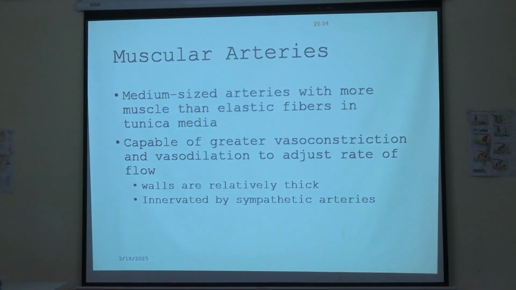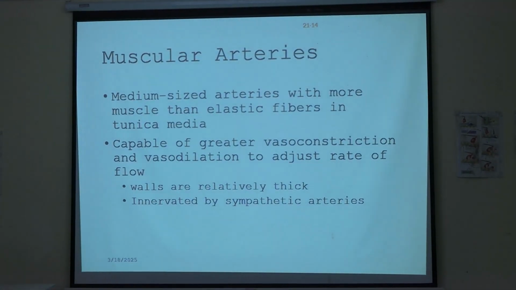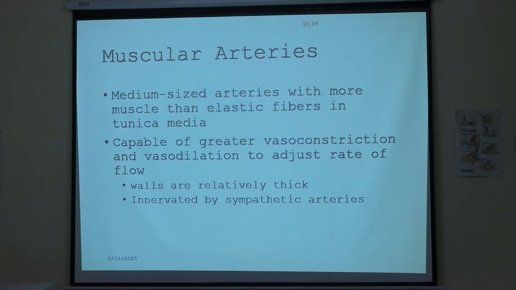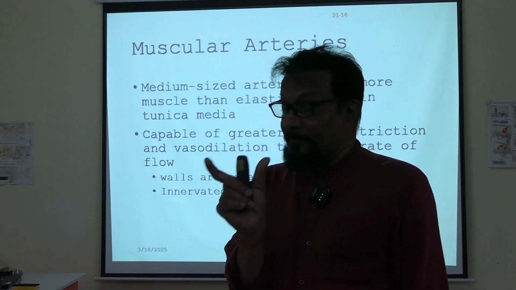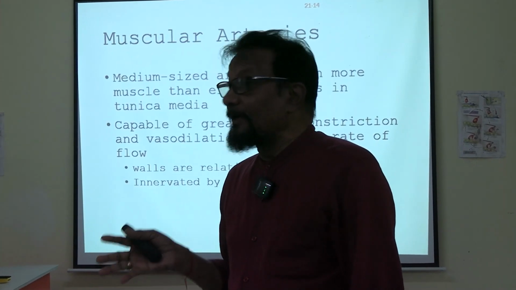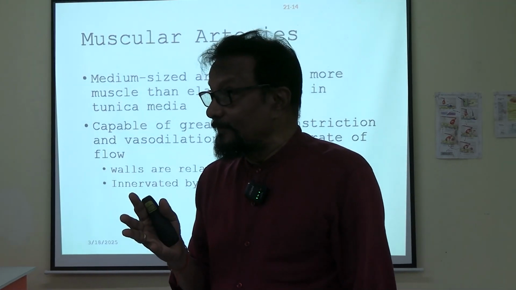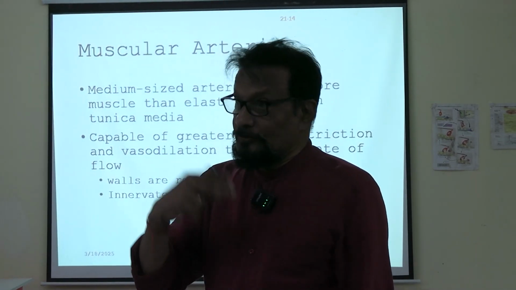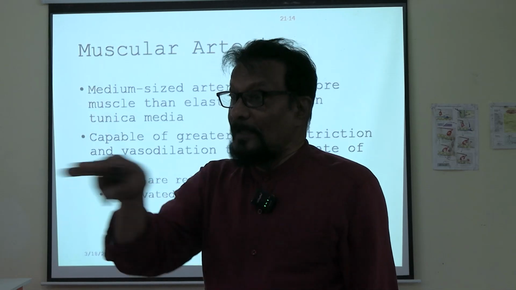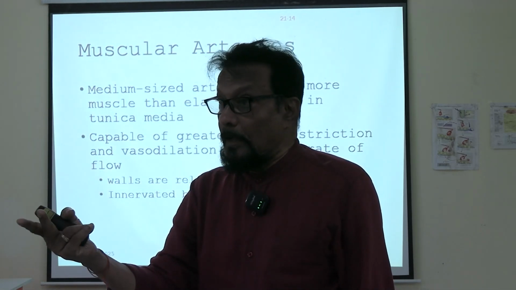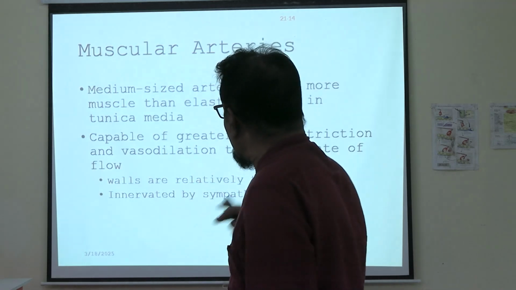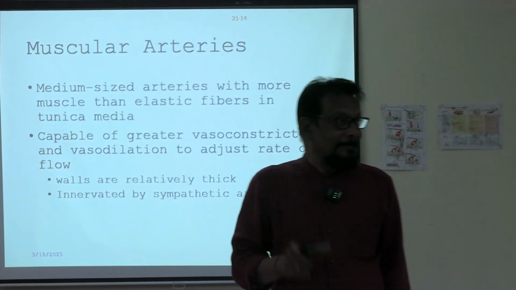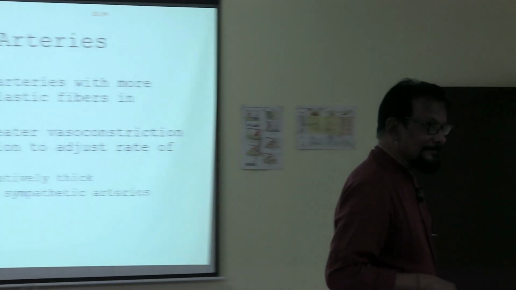Here the walls are relatively thick, innervated by the sympathetic nervous system. So always try to remember this. The initial part has the Windkessel effect, and loss of elasticity can affect the flow of blood and pressure, it can create hypertension. Okay, and the later part is under neural control.